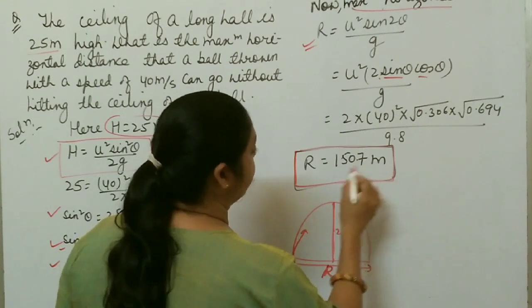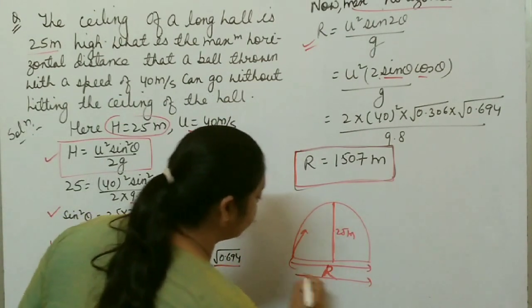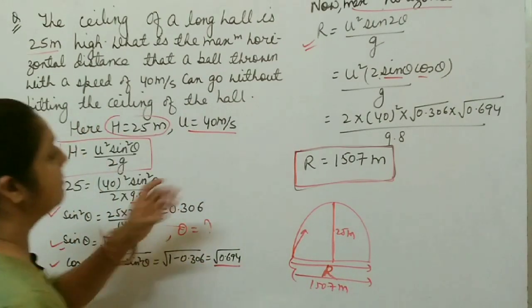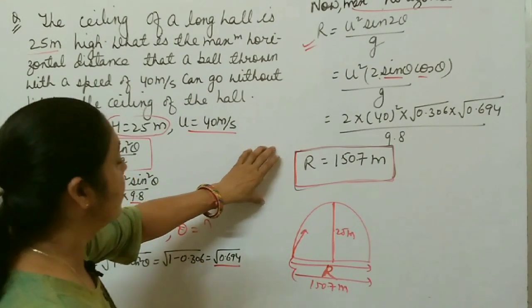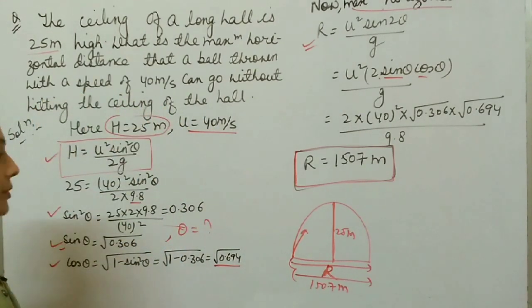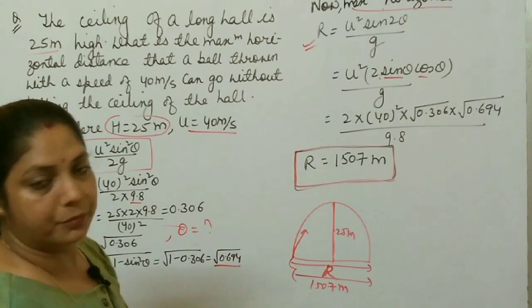So this R is 150.7 meter. It means this distance is 150.7 meter. This is the maximum horizontal distance that a ball can be thrown without hitting the ceiling of the hall, right? Maximum horizontal distance attained by the ball is 150.7 meter.